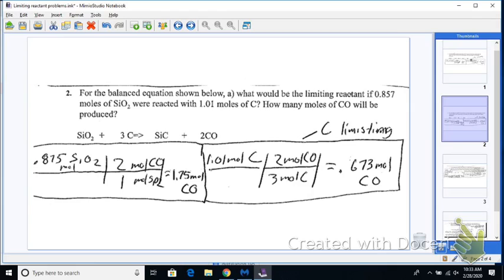Okay, so a lot of you got this second one done because you wanted to practice on your own how to do it. And so if you did the second one, it's the same as the first one. It's just different numbers and different products. I would suggest if you don't have it done, then you can copy this down and have it as a reference.